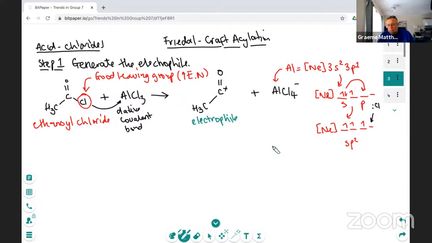You're thinking like hydroxide or water or ammonia, or cyanide. Well, you know, from year 12, the electrophile is the dead opposite. The electrophile is a species with an electron deficient atom.